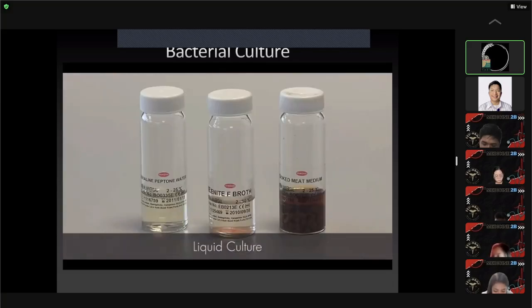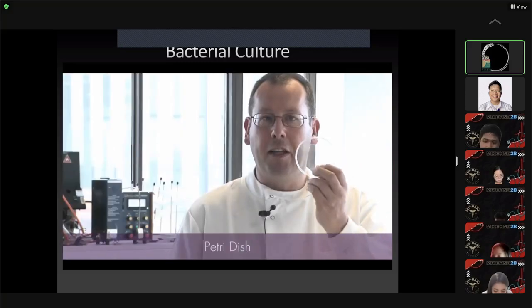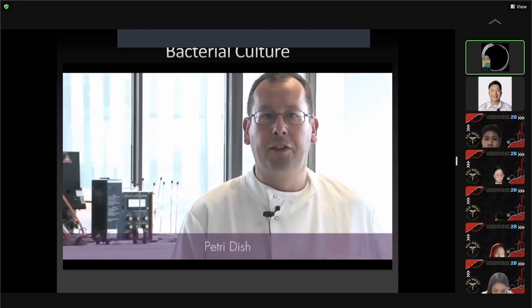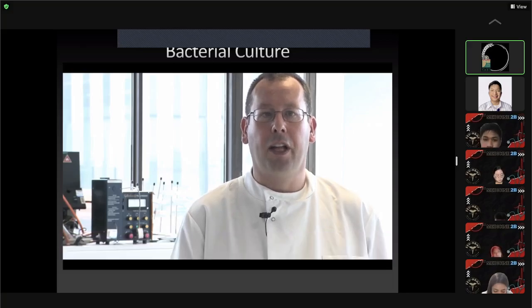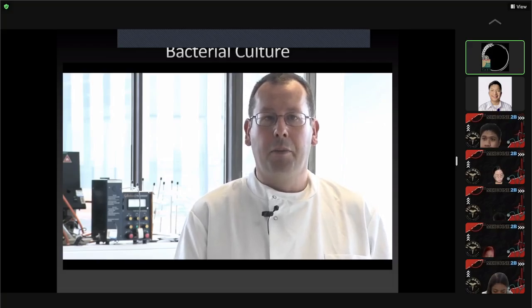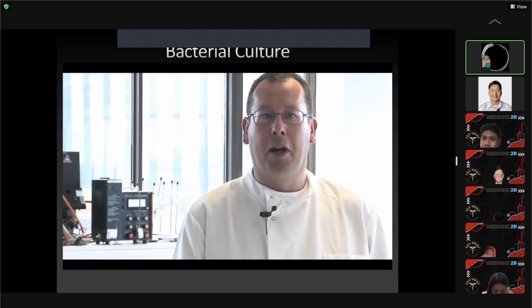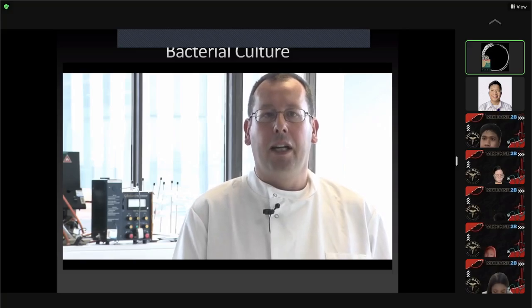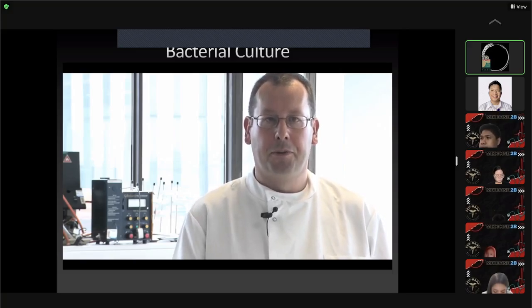Solid media is made in a petri dish like this and contains a solidifying agent called agar. Only solid media will allow the production of single colonies of microorganisms, and so is the more important of the two. Liquid or broth culture is used less, but does have some applications which I'll discuss later.